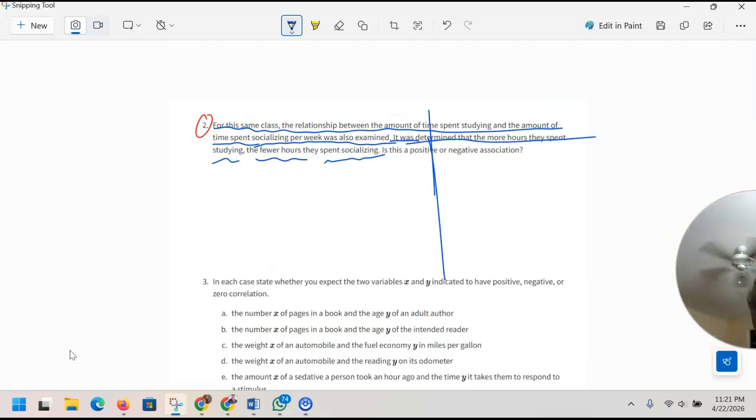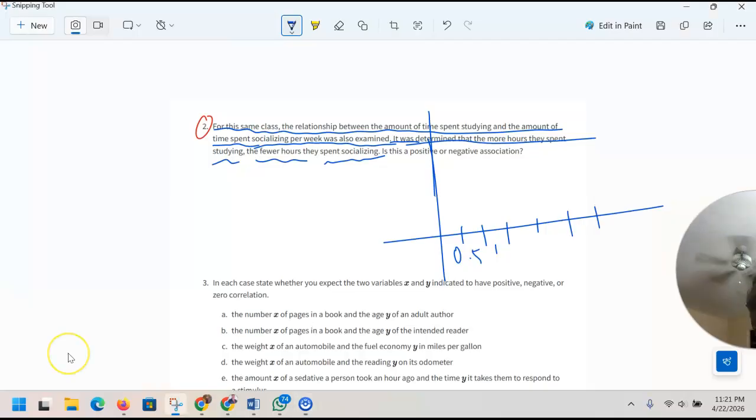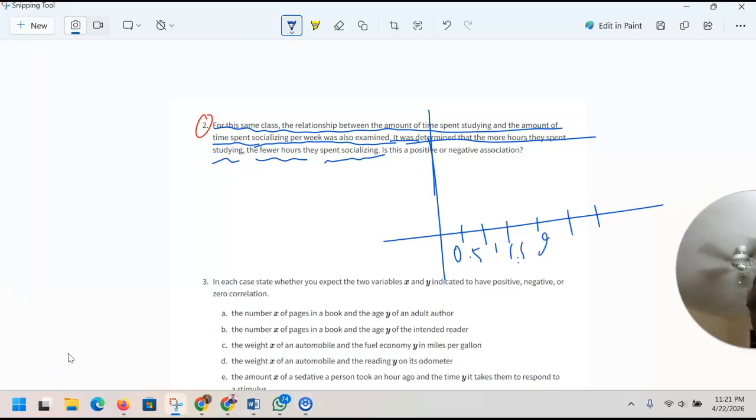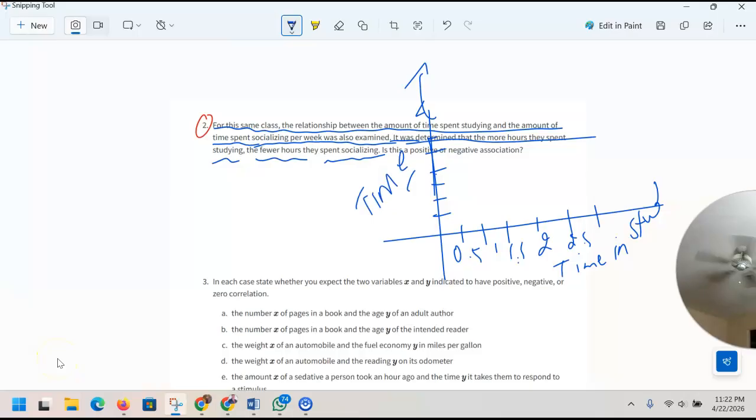So what does this mean? Let's say 0.5, 1 hour, 1.5, 2. This is the time spent studying on the x-axis, and the y-axis is the time spent socializing. I would say socializing means enjoying.